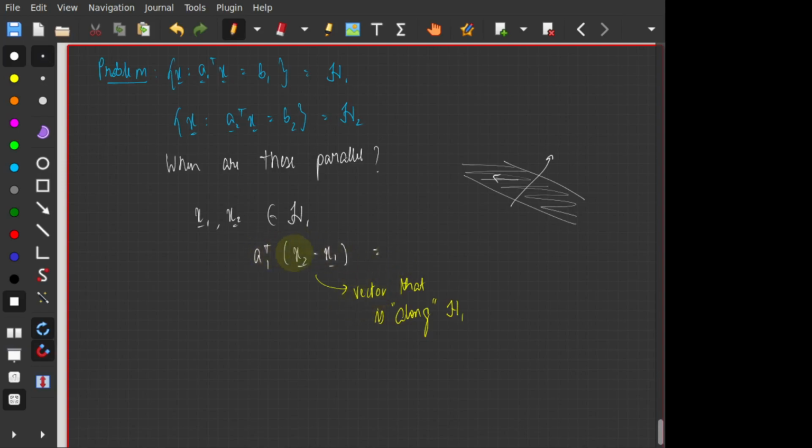So A1 transpose x2 is equal to B1. A1 transpose x1 is also equal to B1 because both of them lie in the same hyperplane. So this is equal to 0. So take any x1, x2 from H1: A1 transpose (x2 minus x1) is always going to be equal to 0. So it's always orthogonal. So A1 is, you can call this, the normal vector.